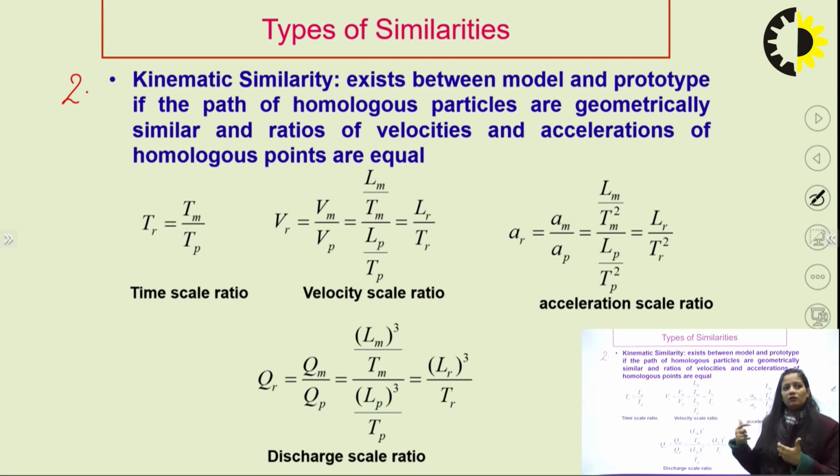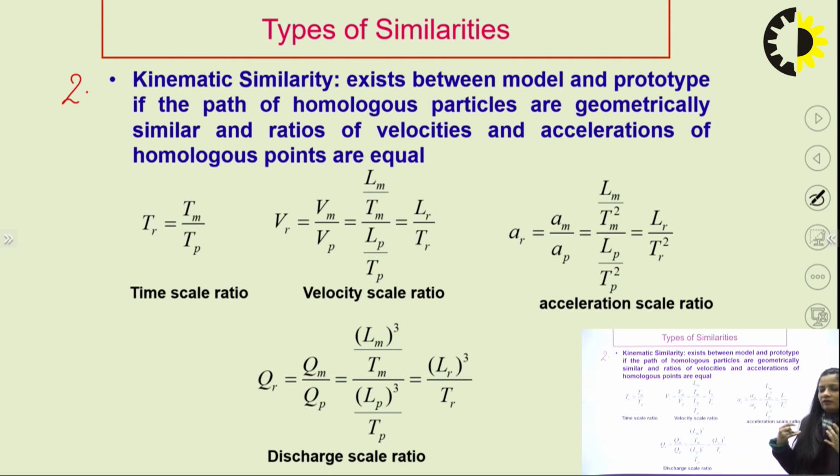If I take a point in the prototype and the corresponding point in the model, when we talk about the velocities or accelerations at those points, or the time taken by those points, the ratios of these parameters should be in a particular manner.